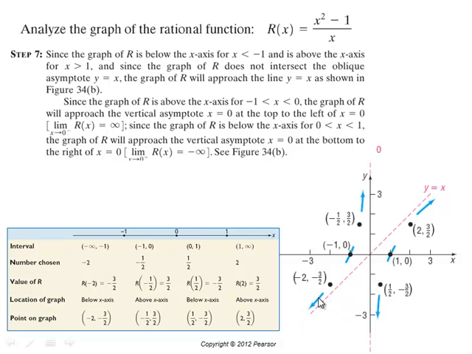And of course, the more negative x becomes, the closer and closer the graph of our function will get to the line y equals x. And then kind of the same discussion over on the other side. We have our vertical asymptote and oblique asymptote, and the function is going to behave as you see it for the very same reasons that we saw over on the other side here.